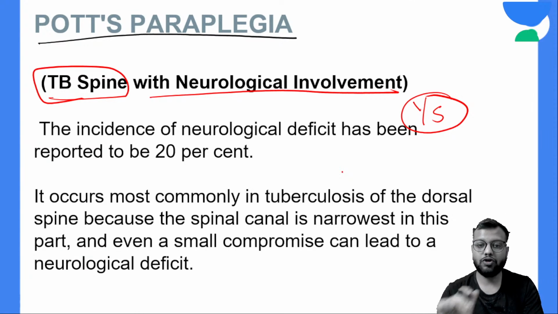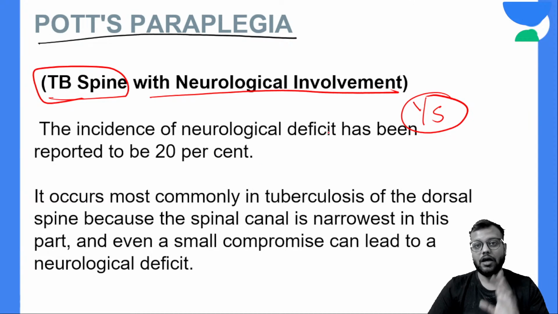So most commonly it is the anterior side of the spinal column, and secondly most commonly it is in the dorsal spine or the thoracic spine.